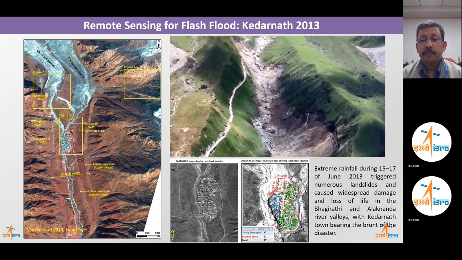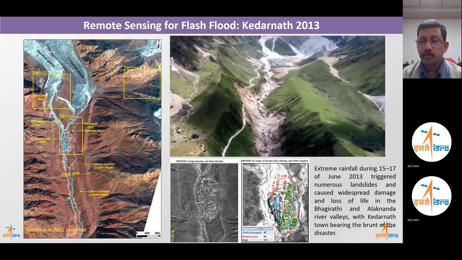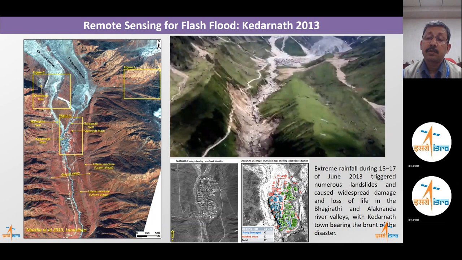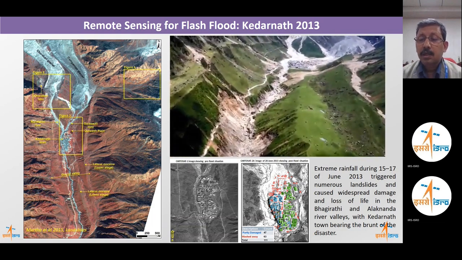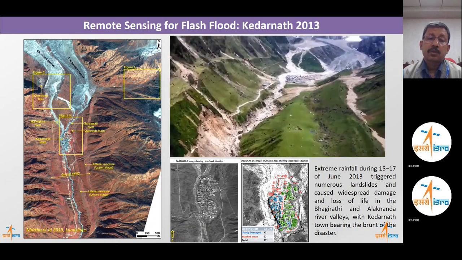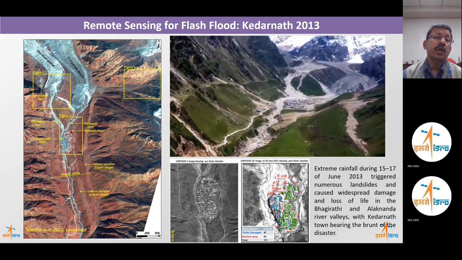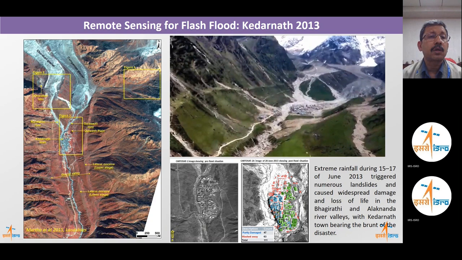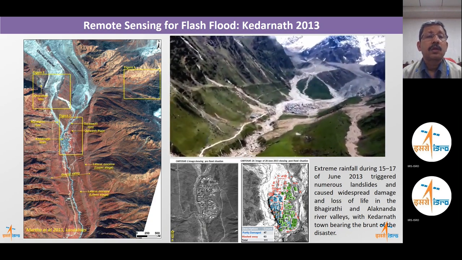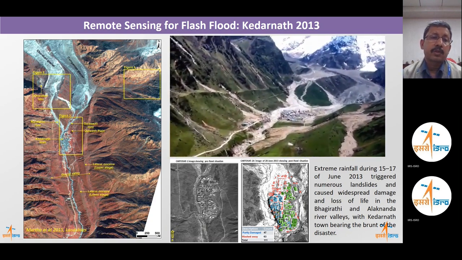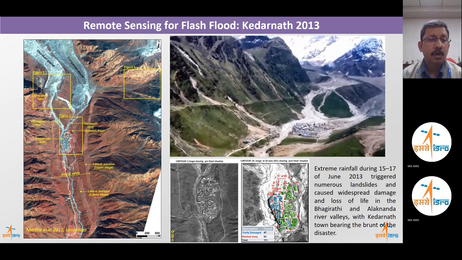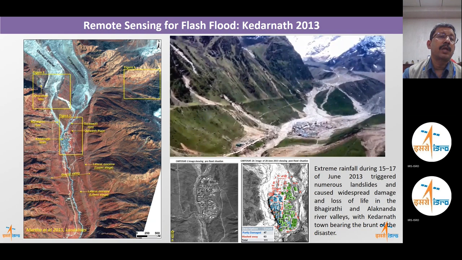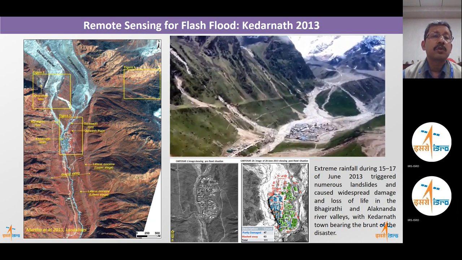During June of 2013, there was an extreme rainfall event which triggered a number of landslides and caused widespread damage. What happened was that over the Chorabari Glacier and Companion Glacier, there was an extreme rainfall event, and a lot of debris and snow, along with water, was washed into the Chorabari Lake, which was just next to the Chorabari Glacier.